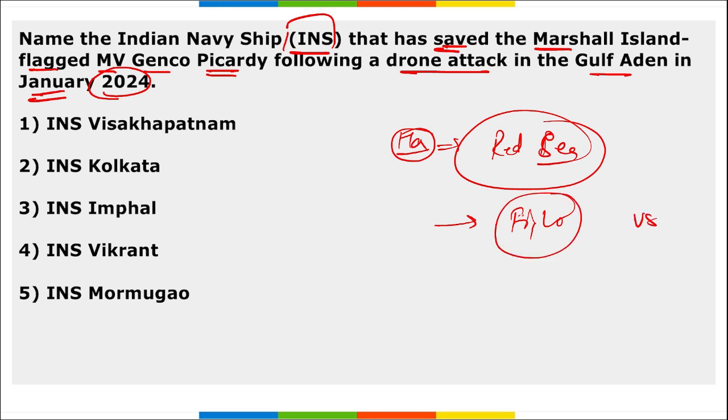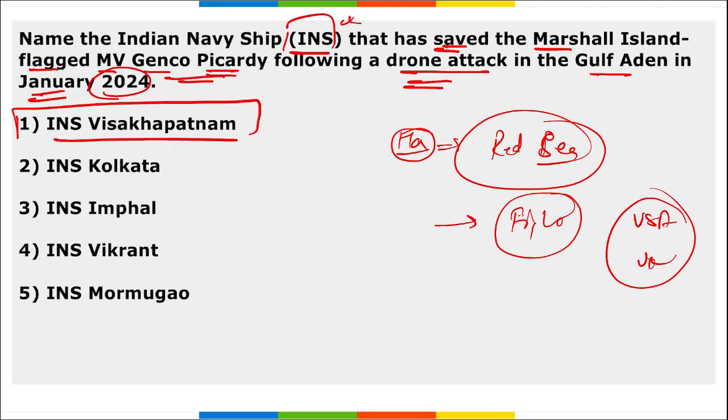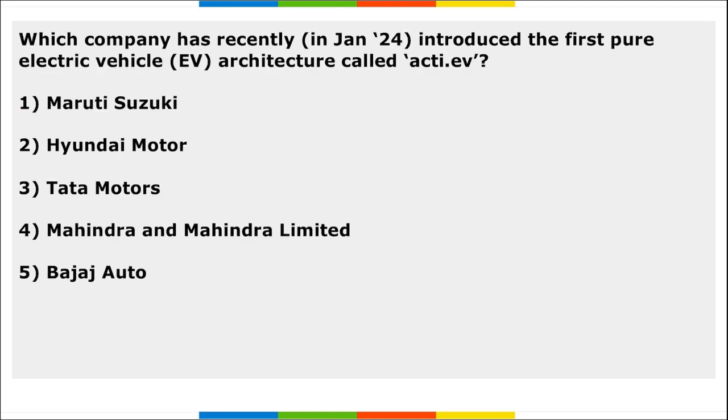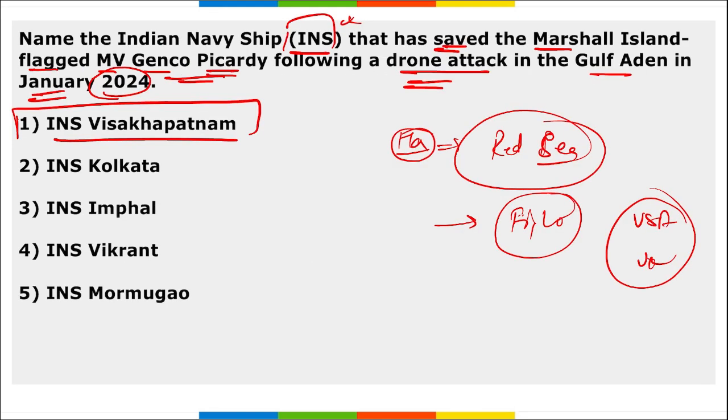Even USA and UK fired multiple rockets there, correct? So question asked here is that which was the Indian naval ship that saved the Marshall Island flagged MV Genco Picardy from the drone attack in the Gulf of Aden in January 2024. What was the name of that Indian naval ship? It is INS Vishakhapatnam.